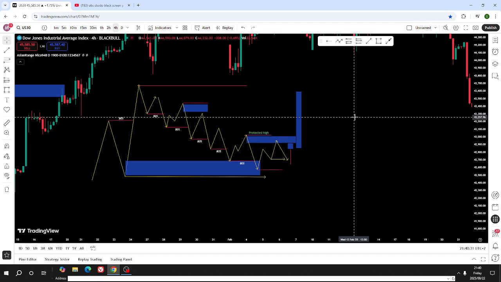So the three things that we need to see when we get to an order block on the high time frame: we need to see if our internal downtrend is going to be over, and how is it over? Do we have a low sweep of the internal low? If we don't have a low sweep, then it's not yet over.